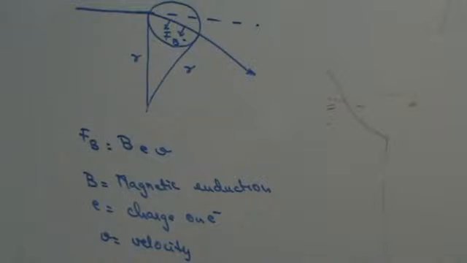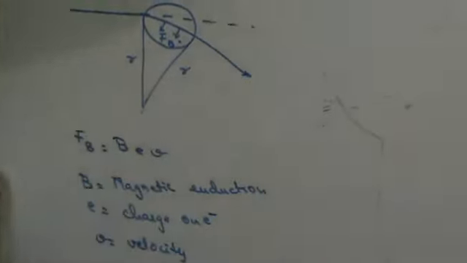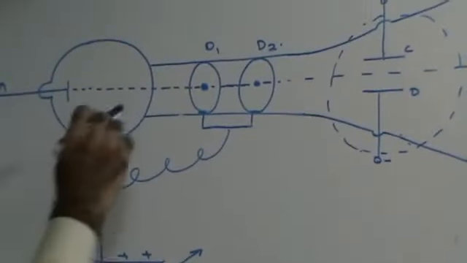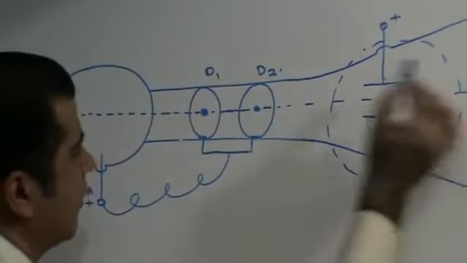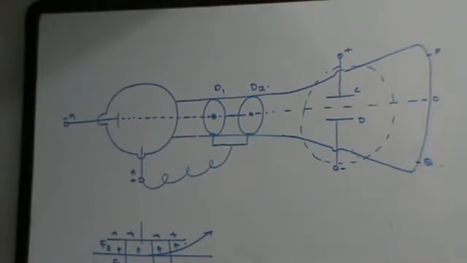Now, if I want to keep the beam at the center, these two forces should be equal. If I want to produce a dot right at the center of the screen, the two forces should be equal.